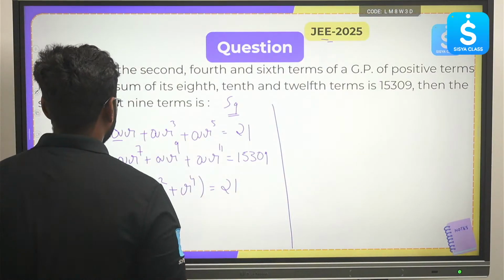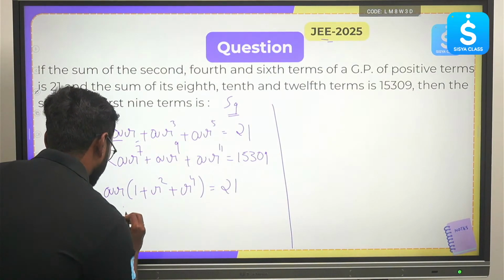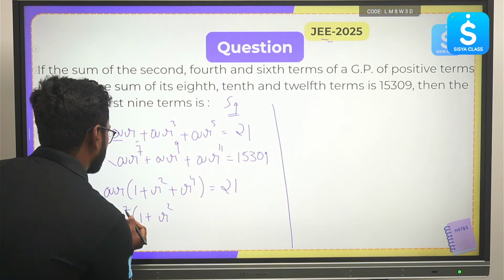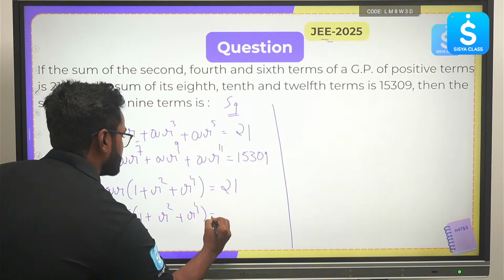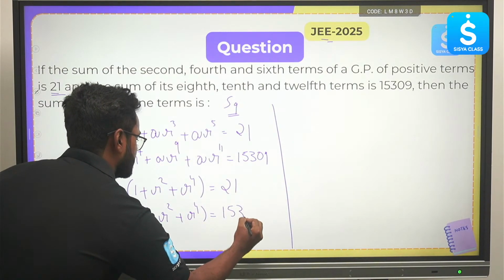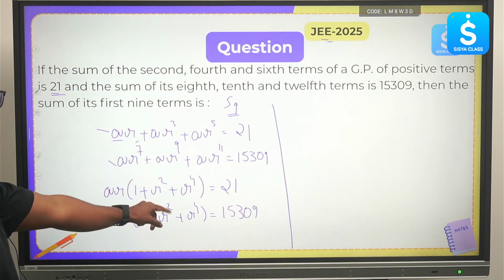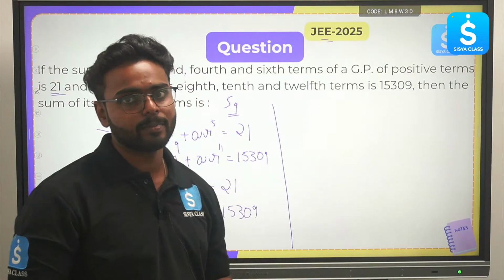From this equation, we'll take common AR power 7. AR power 7 into 1 plus R square plus R power 4, because 7 plus 2 will be 9, is equal to 15309. If you can see, the terms inside the bracket are common. If we divide them, we'll be getting 1.